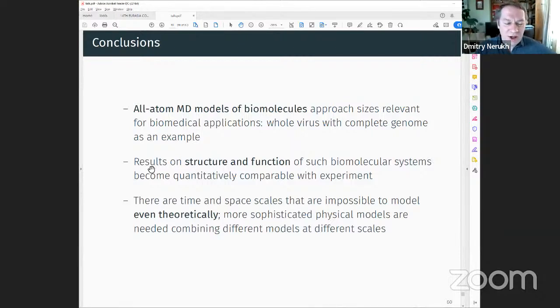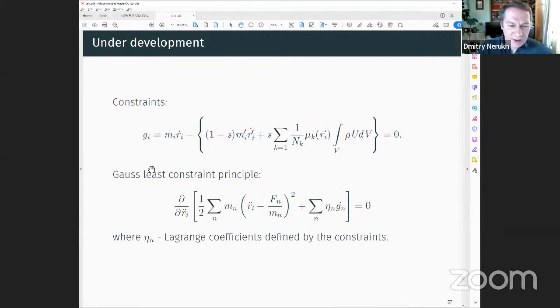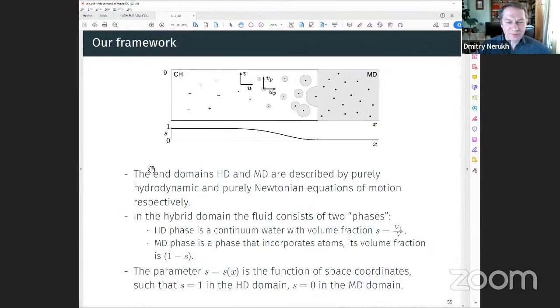Okay. So that's the whole point. We combine the representations, so we have two phases of the same substance, the same matter, right? Water, for example. And we say that our physical water is represented by a mixture of two phases, molecular dynamics and hydrodynamics.